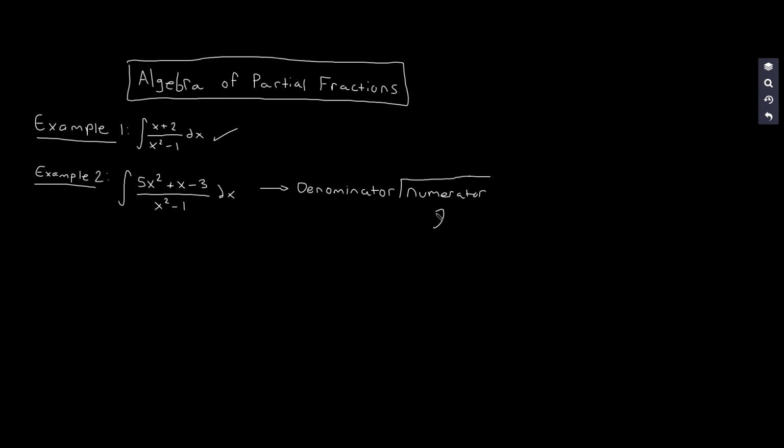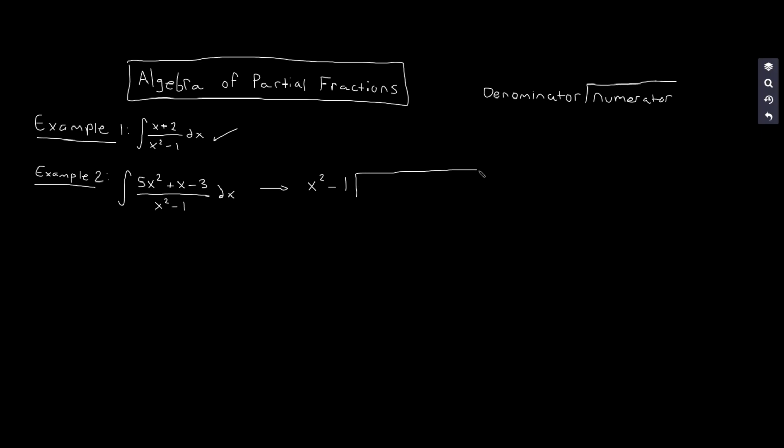And so the numerator here is the dividend, I'm pretty sure, and then the denominator here is the divisor. So on the outside here, we're going to have x squared minus 1, and the inside will have 5x squared plus x minus 3.